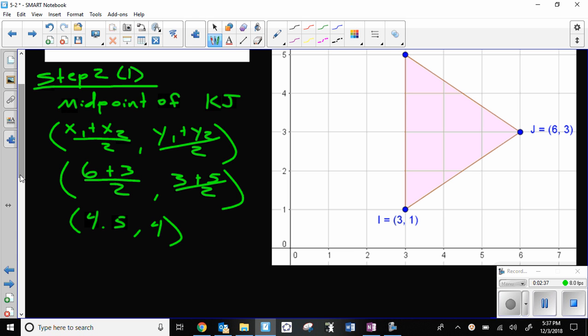Okay, then I'm going to go on to step 3. I need to now take that midpoint and the opposite vertex to write an equation of a line. So I'm going to plot my point up here first, 4.5, comma, 4.